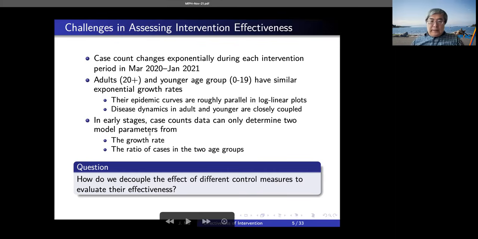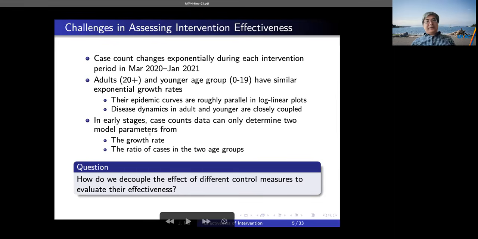So if we just look at this first stage, what we can really estimate is just the growth rate, and the ratio between the cases in different age groups. We can't estimate too many disease parameters at all.